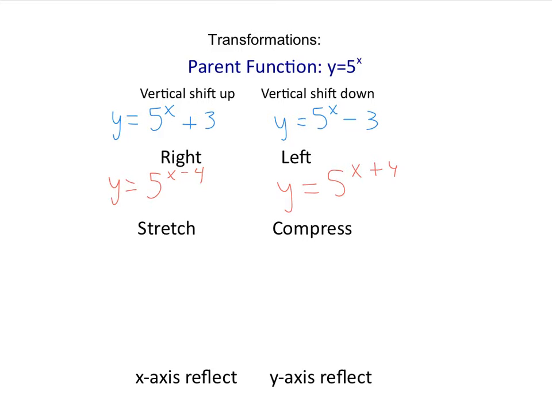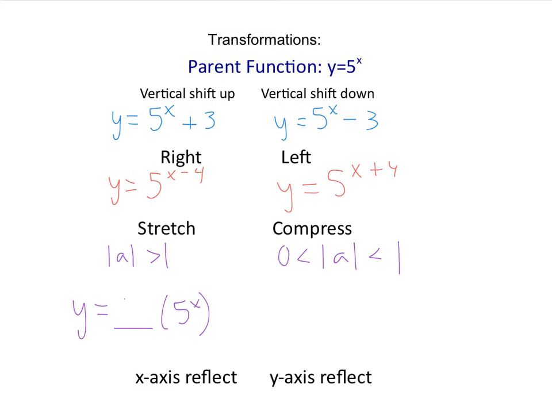All right, for a stretch or compress, that is the same idea as quadratics. With a stretch, that was the absolute value of a being greater than 1. For a compress, the absolute value of a was between 0 and 1. So what this would look like here is y equals, again, I still have to have my base of 5 to the x, but now it's all about whatever is in front of my base, so whatever a is here, and a has to be greater than 1.